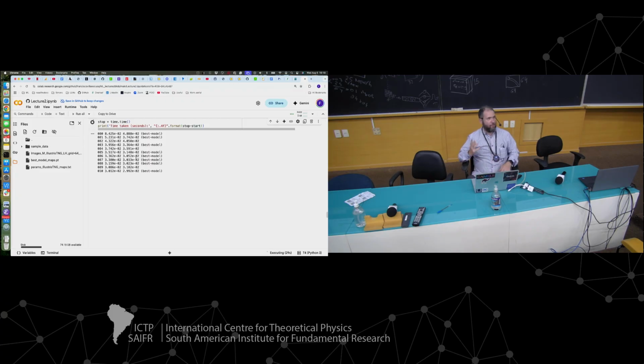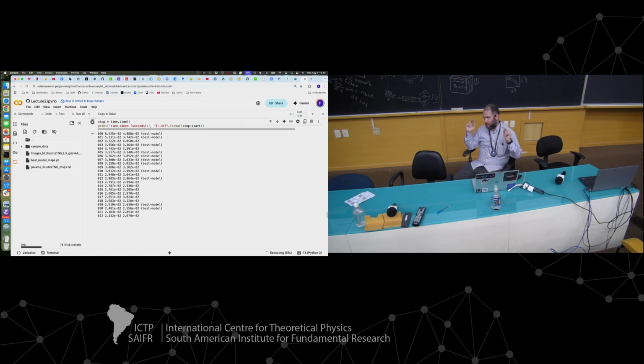And remember what we are doing here: we're taking the images, and we are trying to learn optimal kernels to extract the maximum amount of information from the images, to infer the value of the cosmological parameters. We are not using summary statistics. Let's say the network is learning the summary statistics for us.